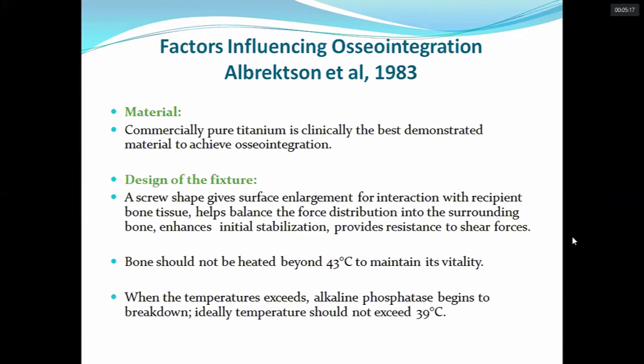To follow this, we use coolant, normal saline irrigation. Nowadays we have devices where we can directly attach the irrigation tube to the handpiece, and in the area where we are preparing bone with the drills there will be continuous irrigation so that the temperature can be maintained.